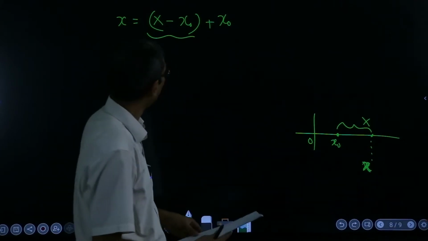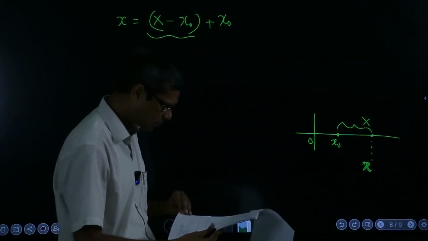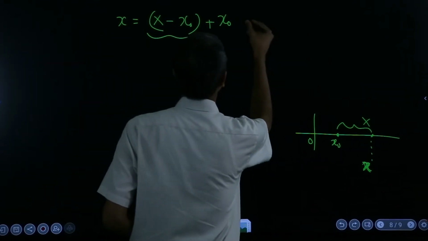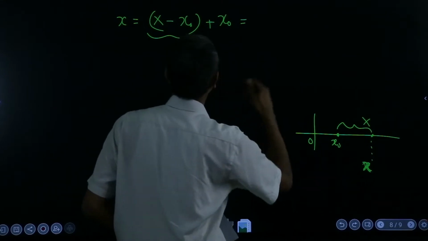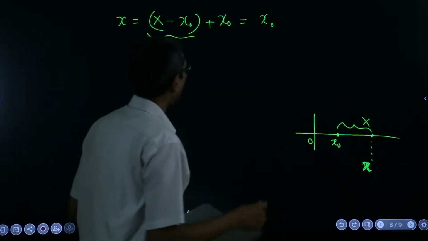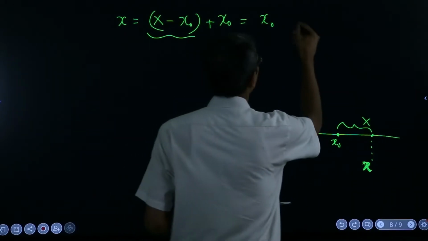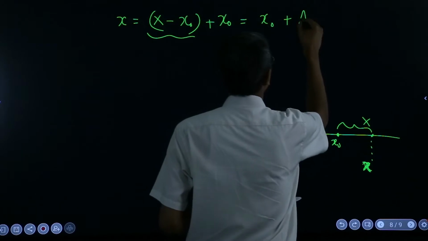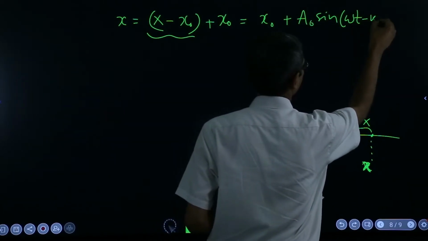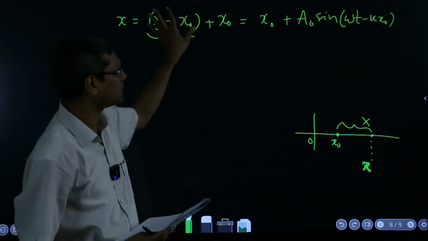If I can solve for x naught from here, then I will get it. So, I will say it is nothing but x naught plus a naught sine omega t minus k x naught.